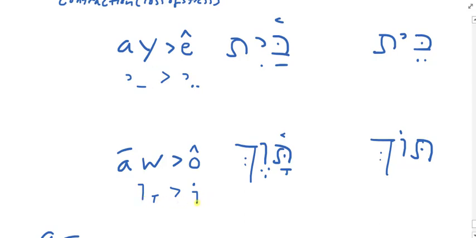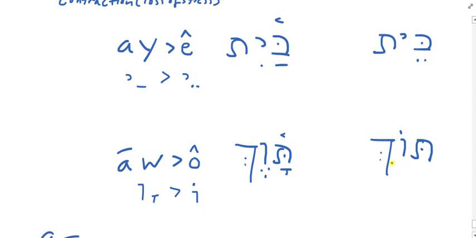Okay, so ow becomes o. Remember the word tavich, or it would have been pronounced tawich for midst. If we wanted to say in the midst of, we would see the form toch. That is to say, the ow diphthong has become an o with the loss of stress. That's a contraction to a simpler sound.